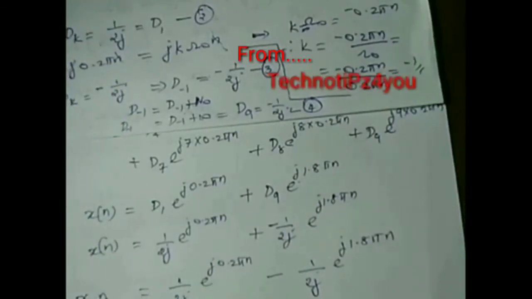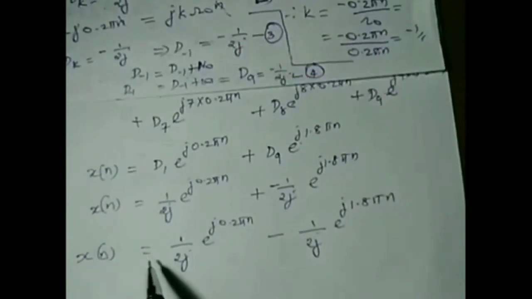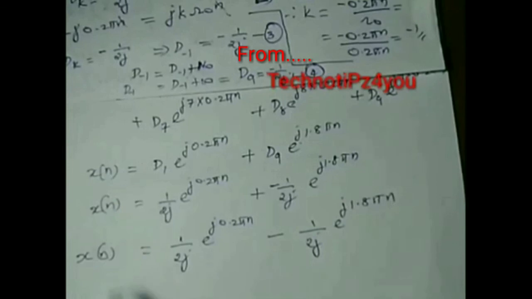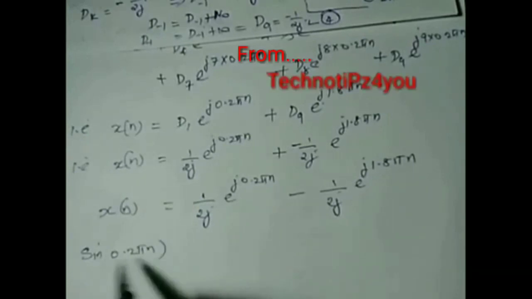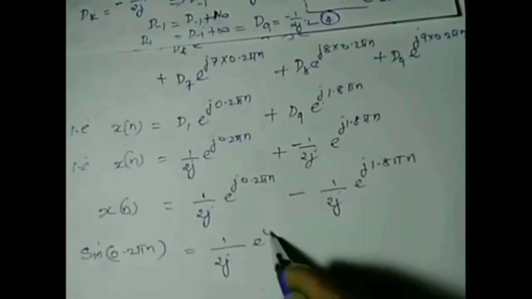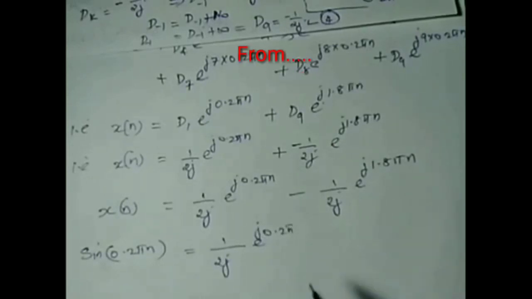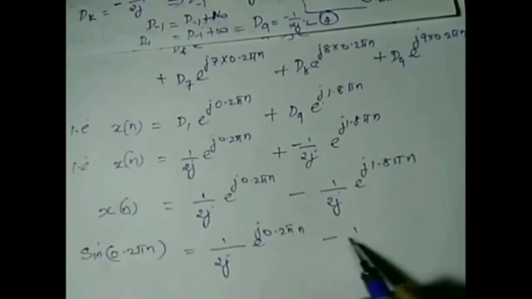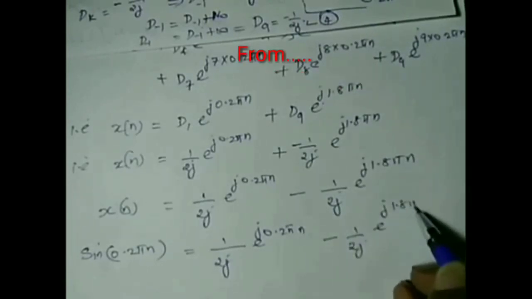This is the Fourier series representation of the given signal. What was the given signal? Sine 0.2 pi n is equal to 1 divided by 2j e raised to j 0.2 pi n minus 1 divided by 2j e raised to j 1.8 pi n.